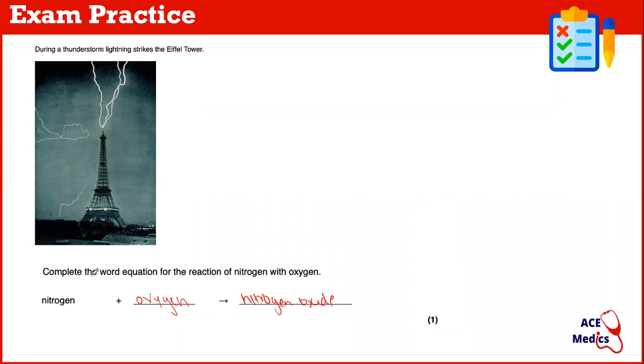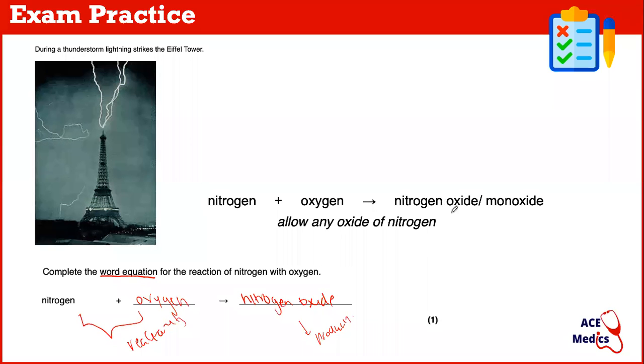Okay, so in this one, we just want the word equation. So they'd be nice with us for this one. And remember, nitrogen and oxygen are our reactants on the left-hand side of the arrow. And nitrogen oxide is our product. So in this case, you can give nitrogen oxide or nitrogen monoxide. Both of those would be correct.